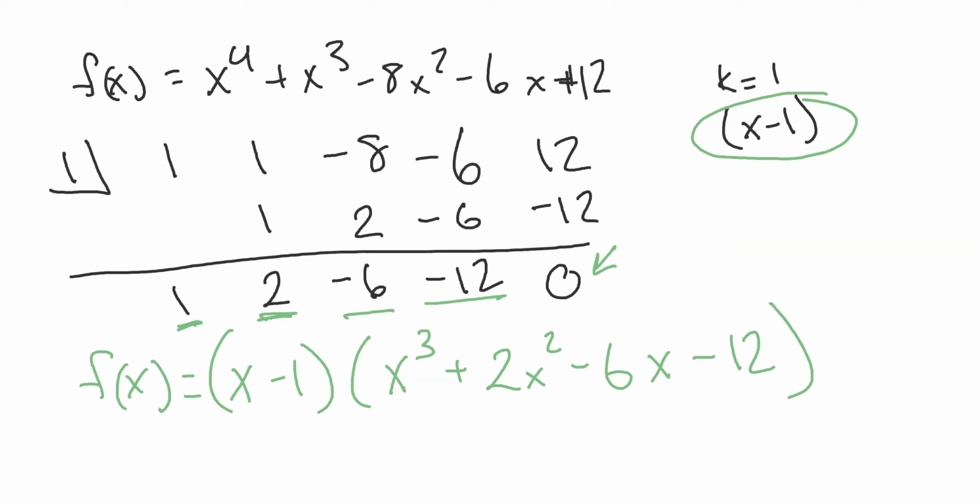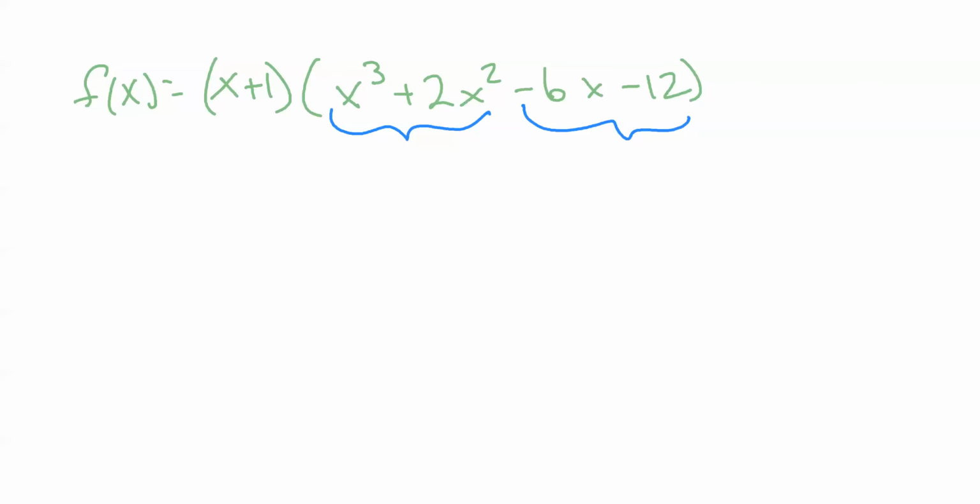Now we want to go further to find the other possibly 3 factors. I can see that we can factor what's remaining here by grouping. So let's factor this stuff by grouping. If I group the first 2, they've got a factor of x squared that they share. And if I group the second 2, they've got a factor of negative 6.